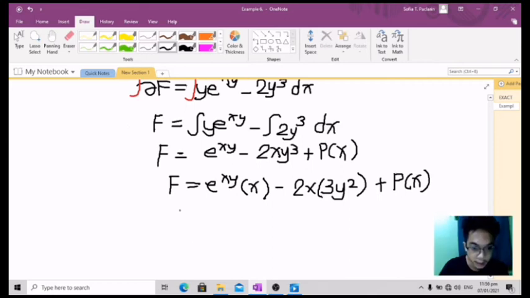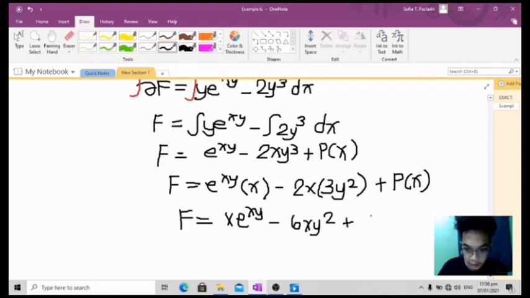So it will become f is equal to xe raised to xy minus 6xy squared plus p prime of y.